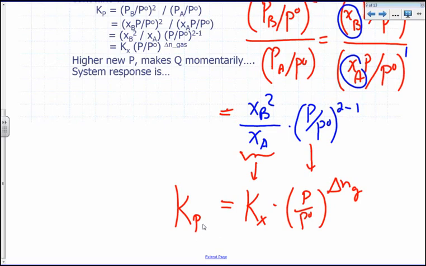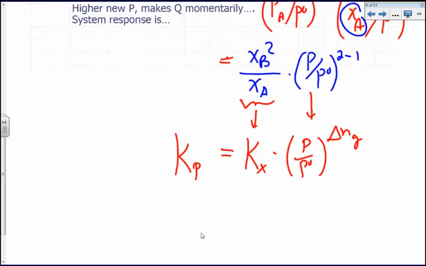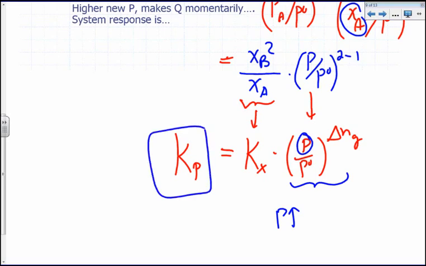So now you have a reaction at equilibrium. What would happen if we were to momentarily cause the pressure to increase? How do we do that? We squeeze the gas, we make our pressure go up. So suddenly this term right here is going to be larger. Since Kp is a constant, you made your Q bigger.